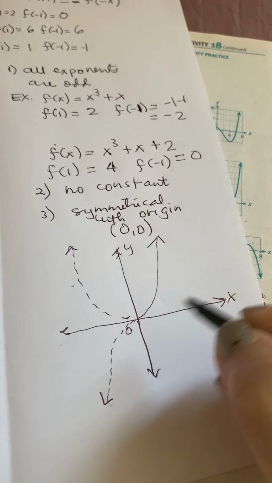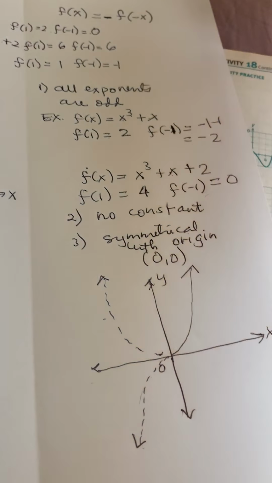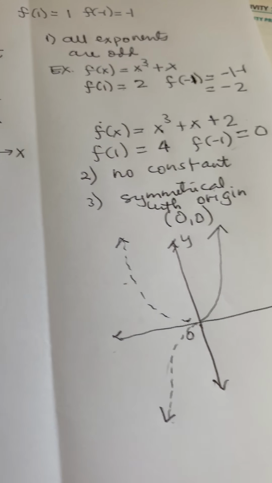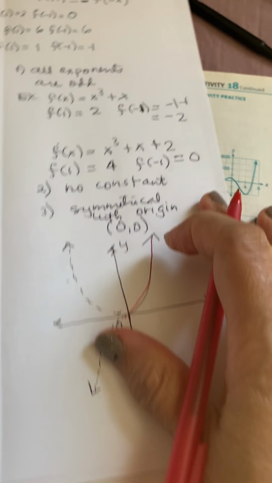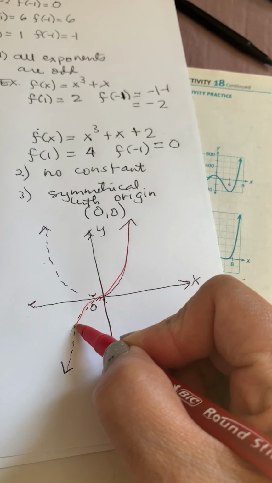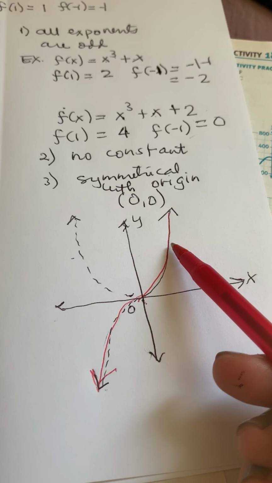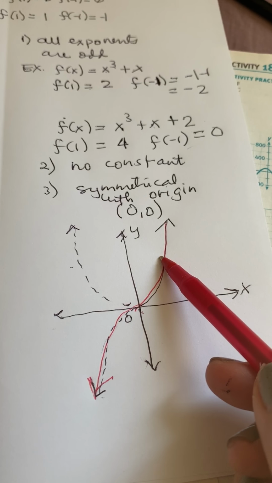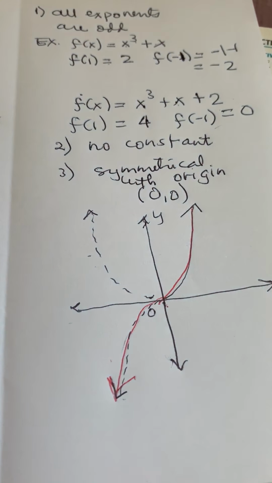So if I see a graph like this, then I know that that is symmetrical with the origin, because it is this one reflected here, and that one is symmetrical.